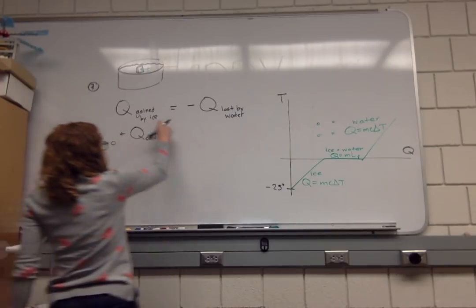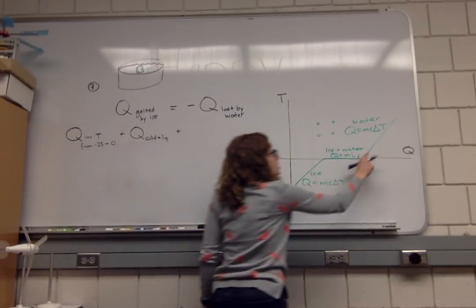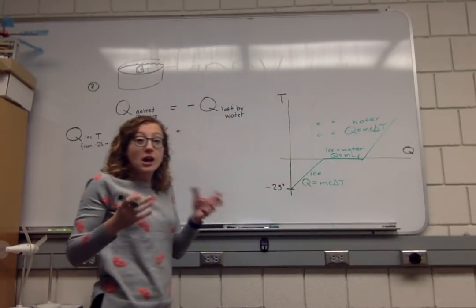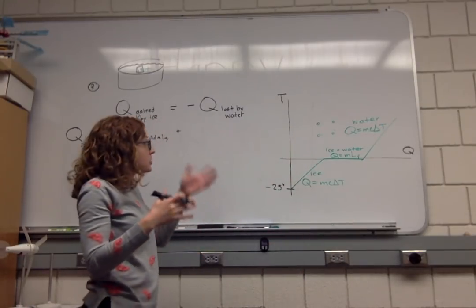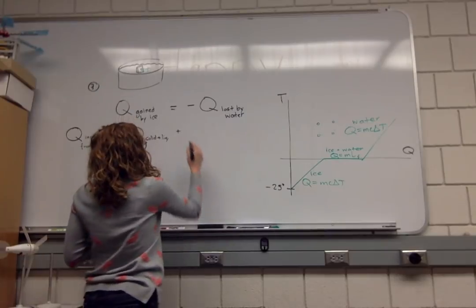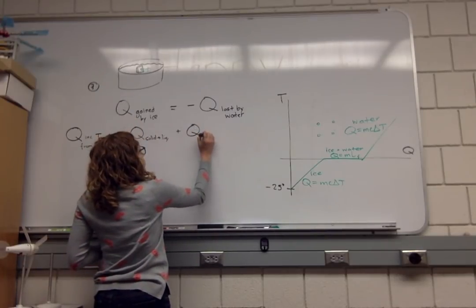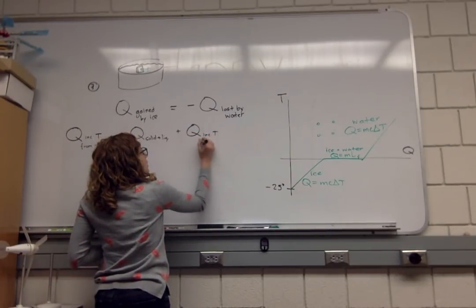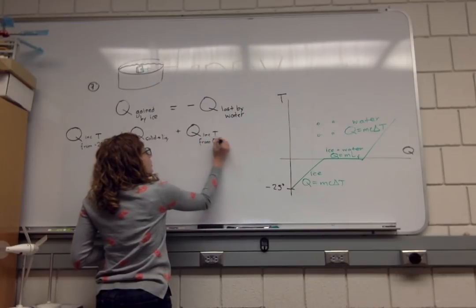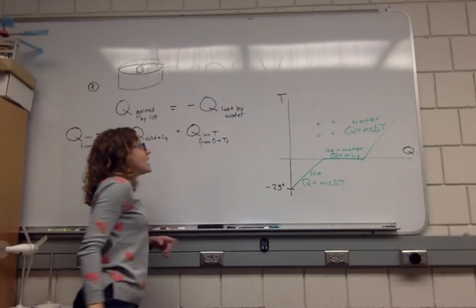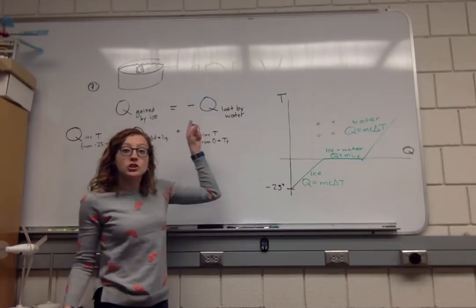And then I've got another term here, and it's going to be the term that brings the temperature of what was originally ice up to close to that 35 degrees, but not exactly. So Q increase T from 0 to TF. And that has to equal the energy lost by the water.